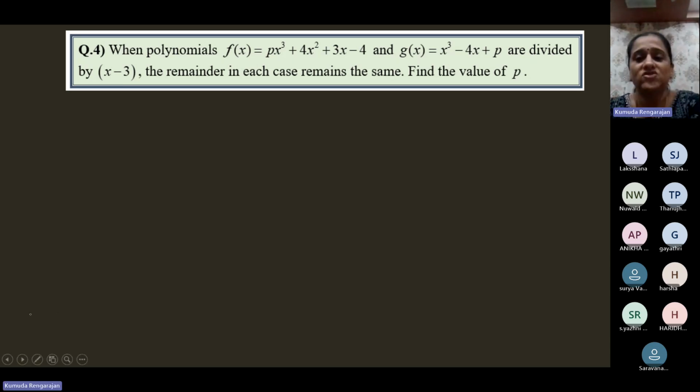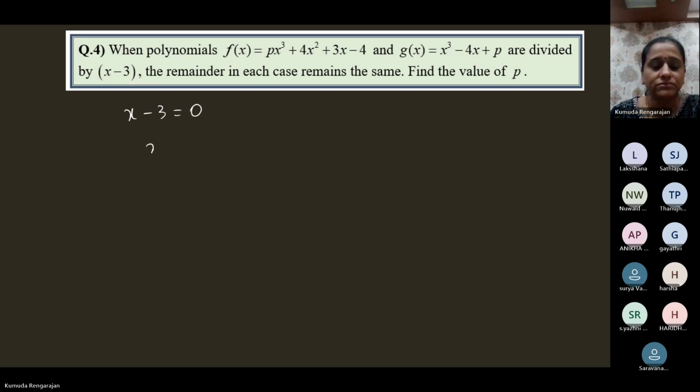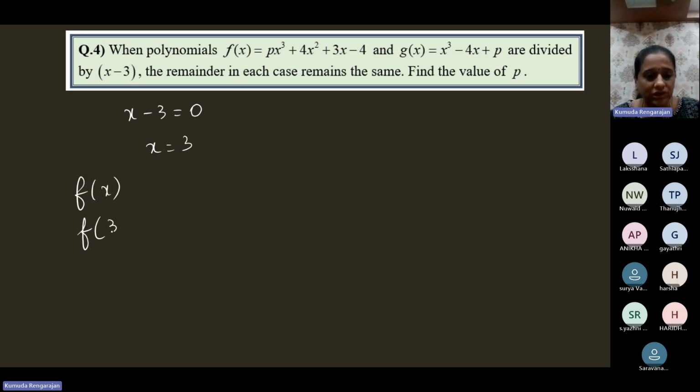Okay, so when f of x and g of x are divided by x minus 3, the remainder is the same in each case. Find the value of p. So x minus 3 is equal to 0, x is equal to 3. Now, when you find f of 3, you will be able to find the remainder when f of x is divided by x minus 3.